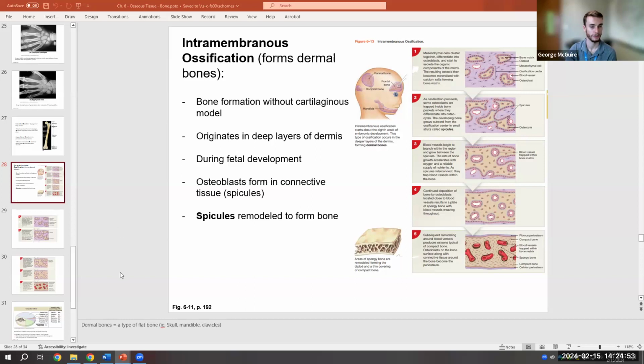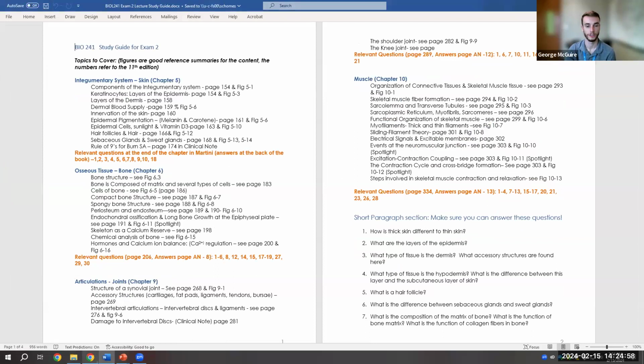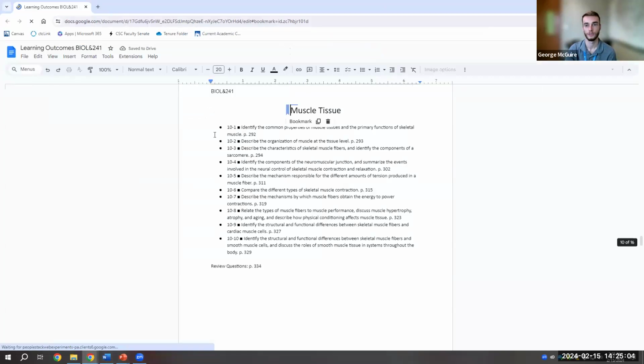The last three learning goals of chapter 10. Sorry, learning goals. So let me pull up. Relate the types of muscle fibers to muscle performance, discuss muscle hypertrophy, atrophy, and aging. Identify the structural and functional differences between skeletal and cardiac muscle cells. Identify the structural and functional differences between skeletal fibers and smooth muscle cells, and discuss the role. Cool. Okay.